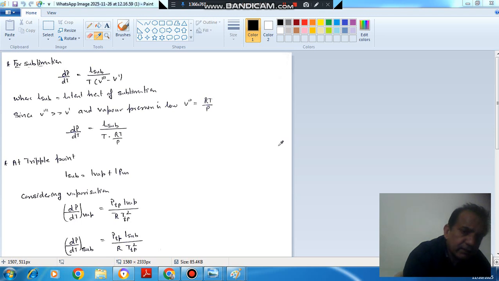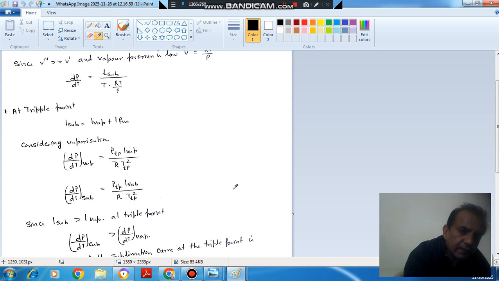Now we take the triple point. At the triple point, L sublimation is equal to L evaporation plus L fusion, because solid is changing into vapor, so it will contain the evaporation heat as well as the fusion heat. If we consider evaporation, we will take the triple point pressure here, the triple point temperature here, and L evaporation here.